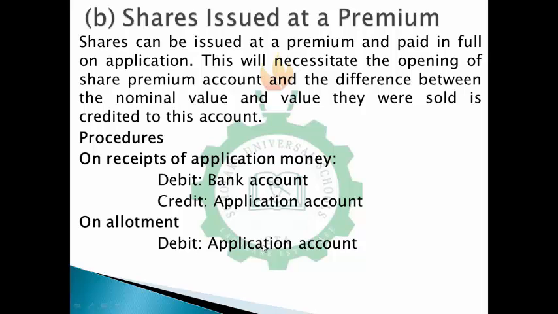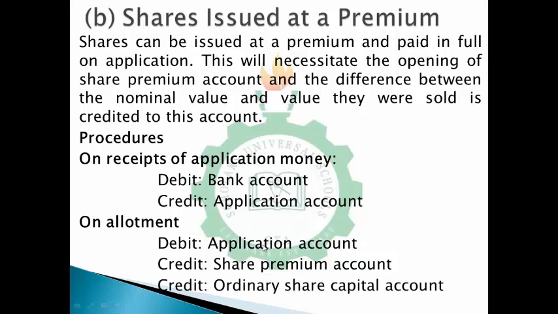That is the face value of my share, which is 2 naira, and the profit element, which is my premium of 3 naira. So what you are doing on the credit side is that you credit 3 naira to my premium account and 2 naira to my ordinary share capital account. So by the time you sum up the 2 and the 3, you will get my application account.